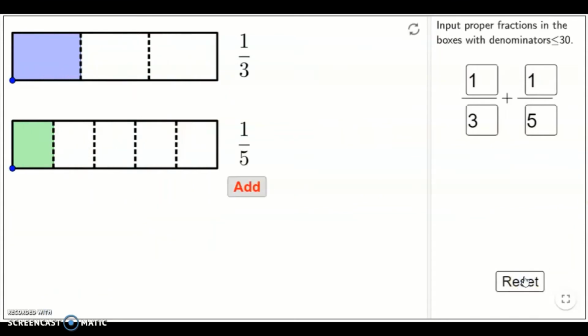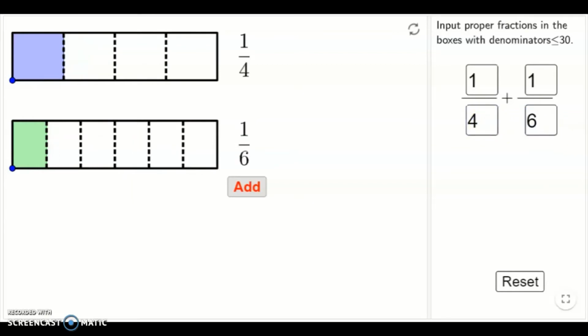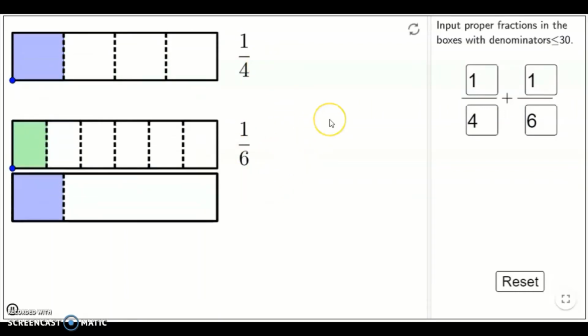Let's have a go at 1/4 plus 1/6. Now this time I don't need to say 4 times 6 is 24 and split this into 24 pieces. So you see how this works.